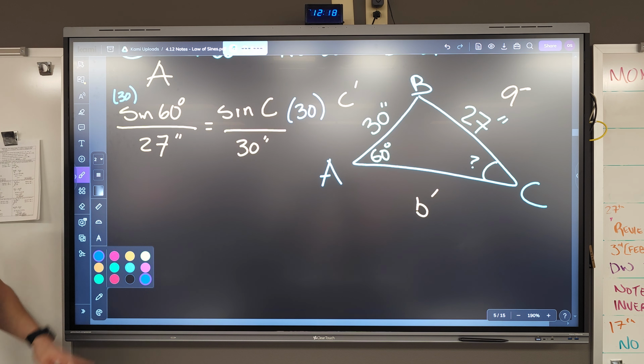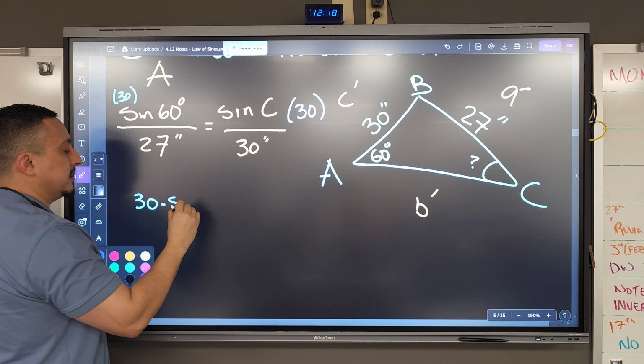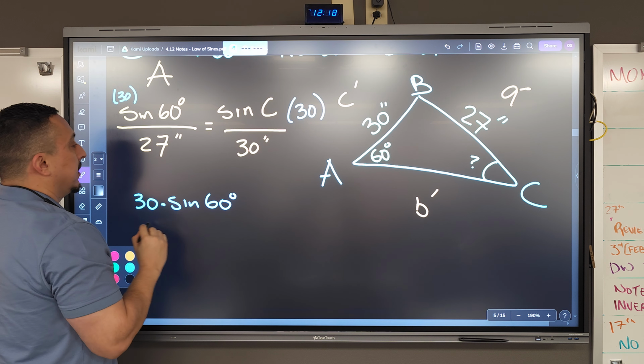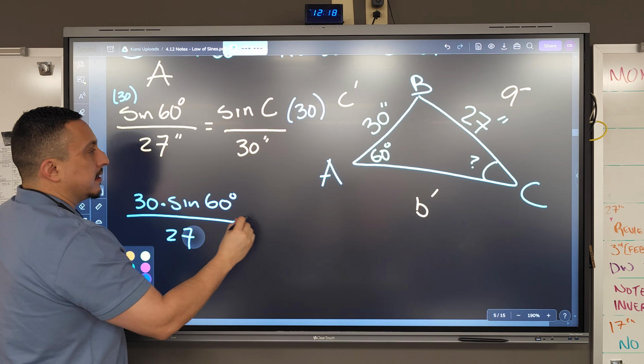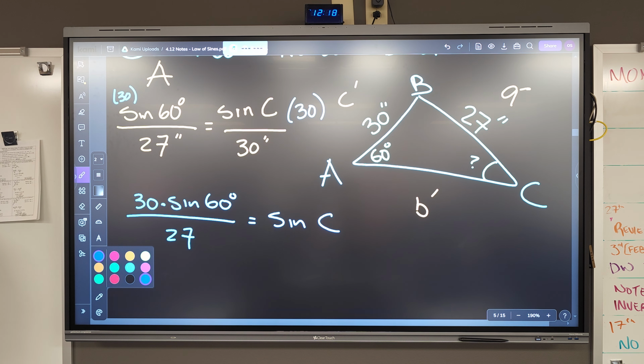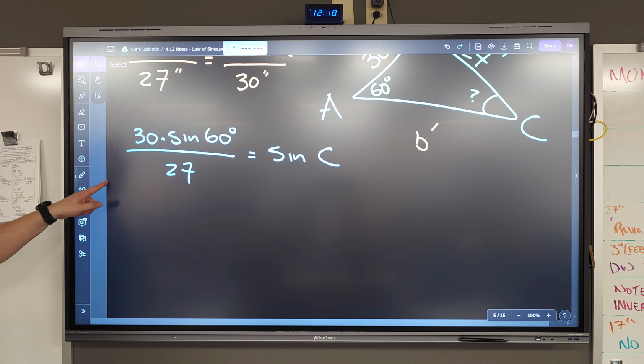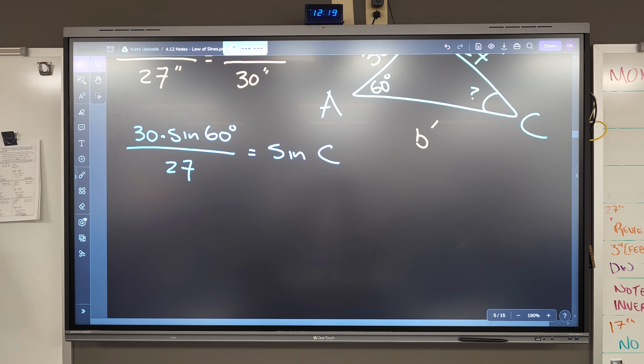I'm going to rewrite because I kind of had to squish it up here. So it's 30 times sine 60 over 27 equals sine C. I just rewrote it. Okay, now here comes the main difference. How do we find angles?